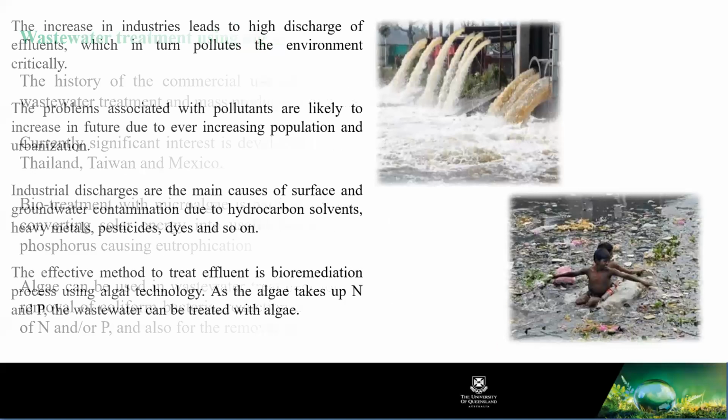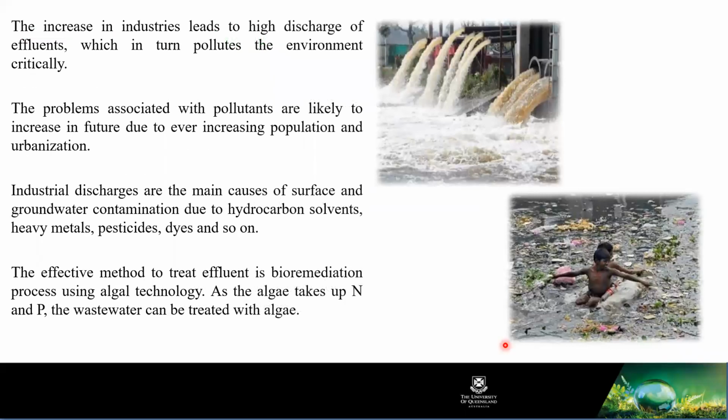You can see these pictures on the right. That's what most of the rivers back in India look like. I think the picture at the bottom is maybe the Ganges or the Coombe River. That's how it looks. It's possible to make it clear water, but it's a long-term project.